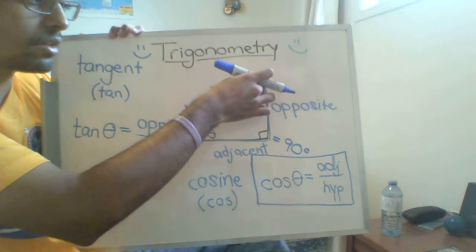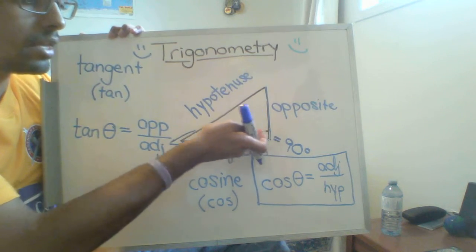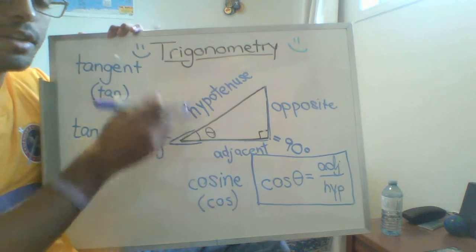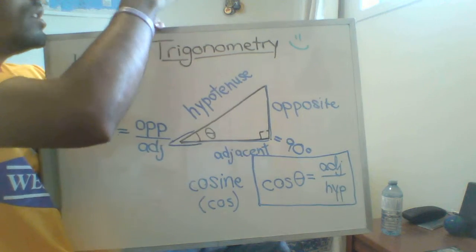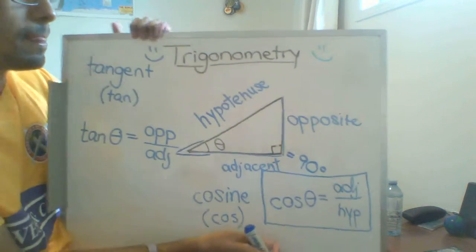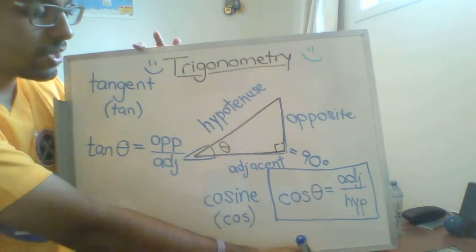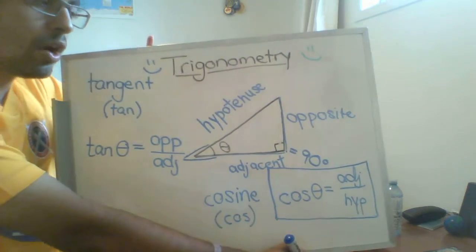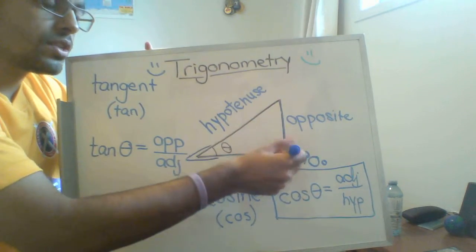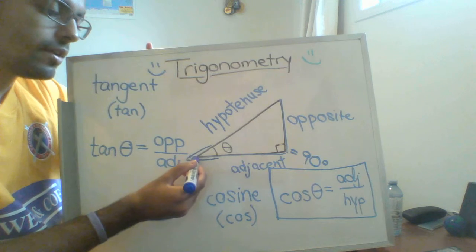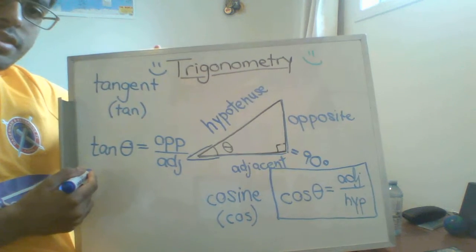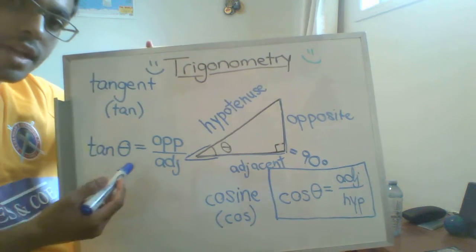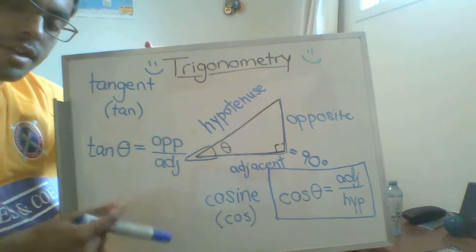All right, so it's the length of this side divided by the length of this side. Okay? So basically what that means is if you know the length of the opposite side and you know the length of the adjacent side, you can figure out tangent theta, and then you can use that information to find out theta.